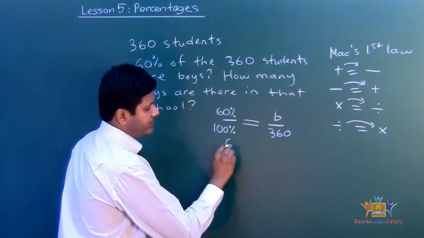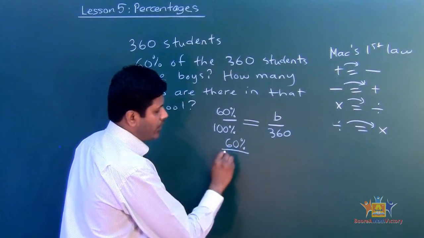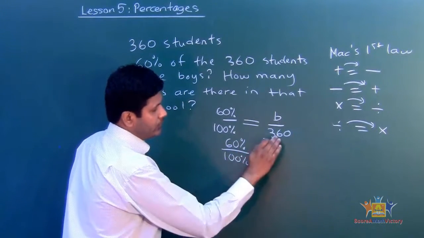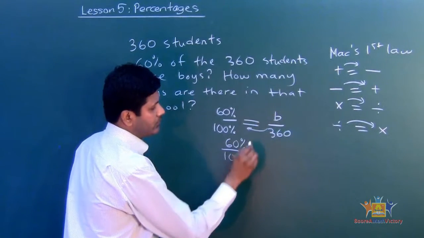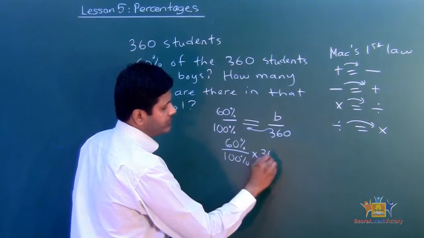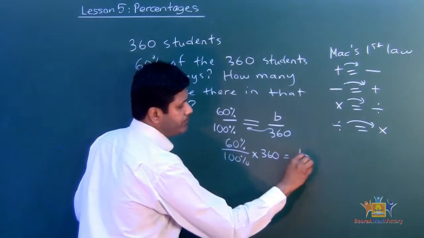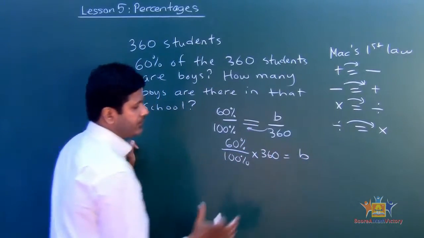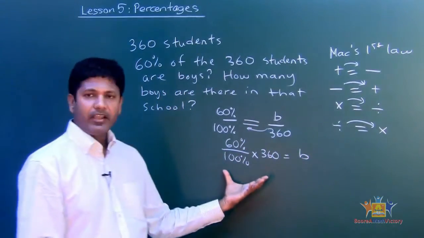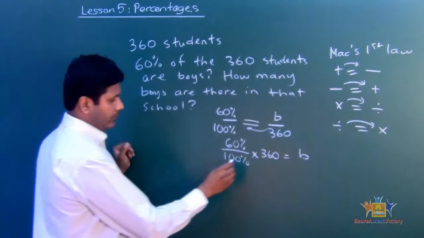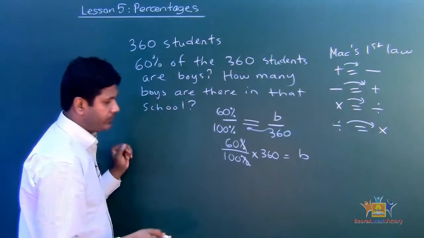So let me rewrite that. 60% over 100%, this crossing the bridge becomes times 360, which equals B. When this is gone, left is B. Now I'm going to simplify this. Percent cancels out.